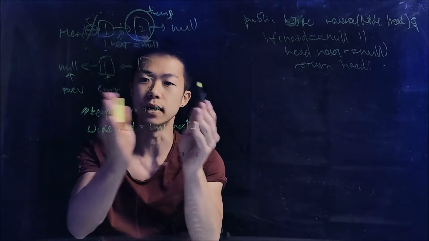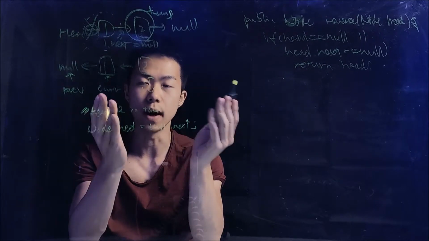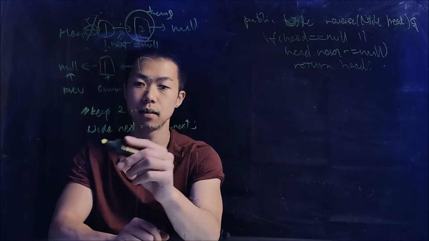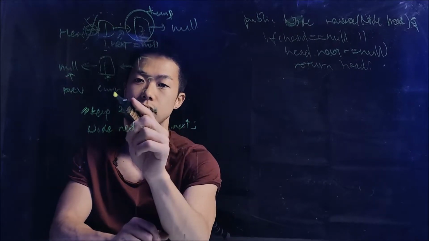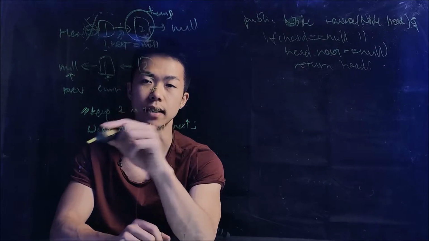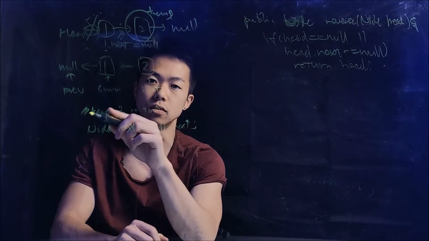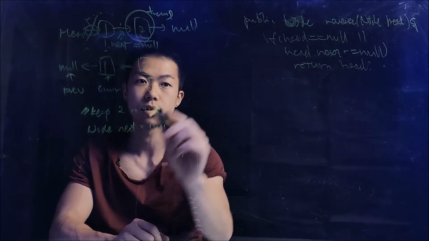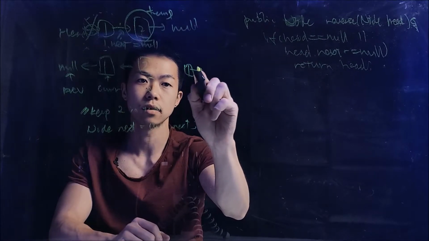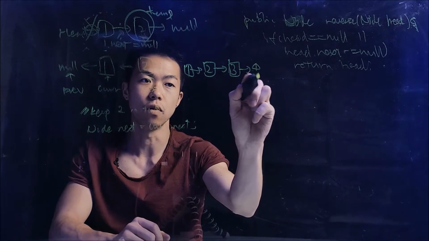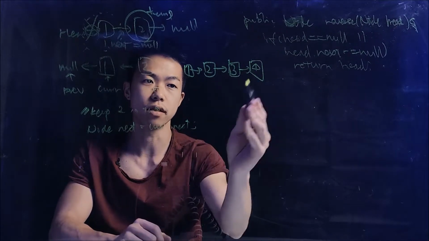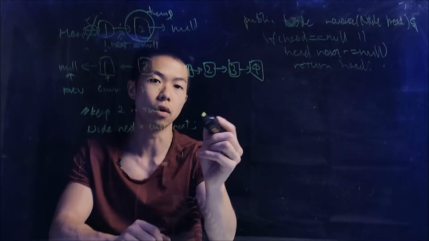So we're gonna do this until when, let's think about it. We're gonna do this until current.next is null, then we hit the last node, right? So in this case, if it's 1, 2, 3, 4, how farther do we need to move forward?